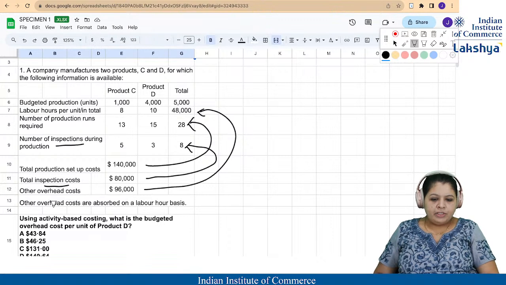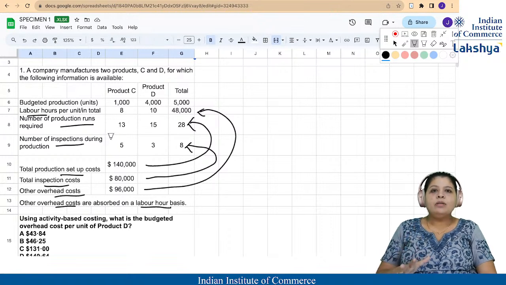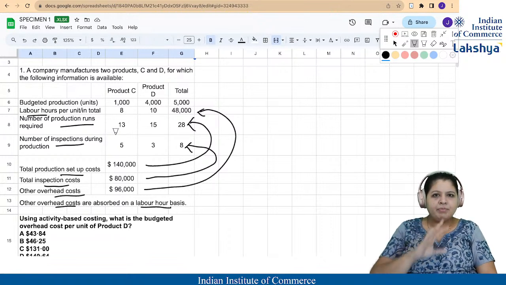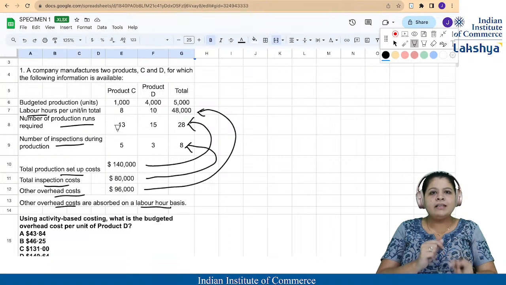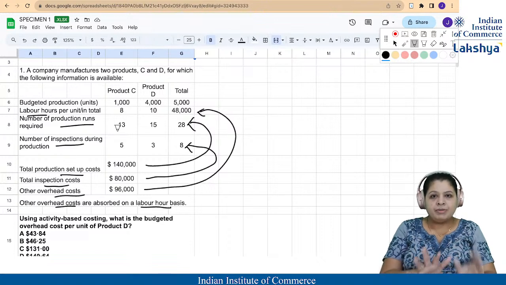There is an information given that overhead cost is equal to labor hour basis. So my overhead cost goes to my labor hour, right? And then what you are left with, your production setup, and then put it on production run required, right? So it's okay. Sometimes if you don't find it, it's completely fine. You'll figure it out in a minute with the tricks I'm telling you right now.